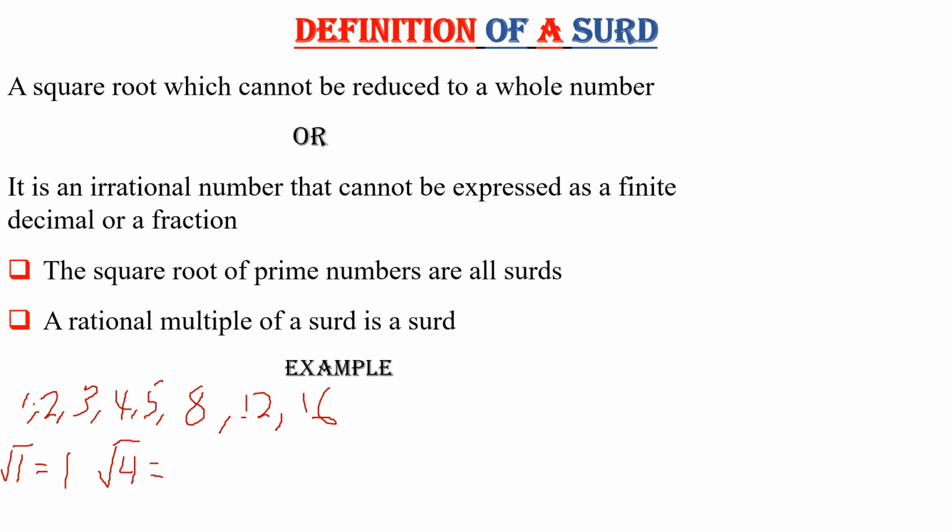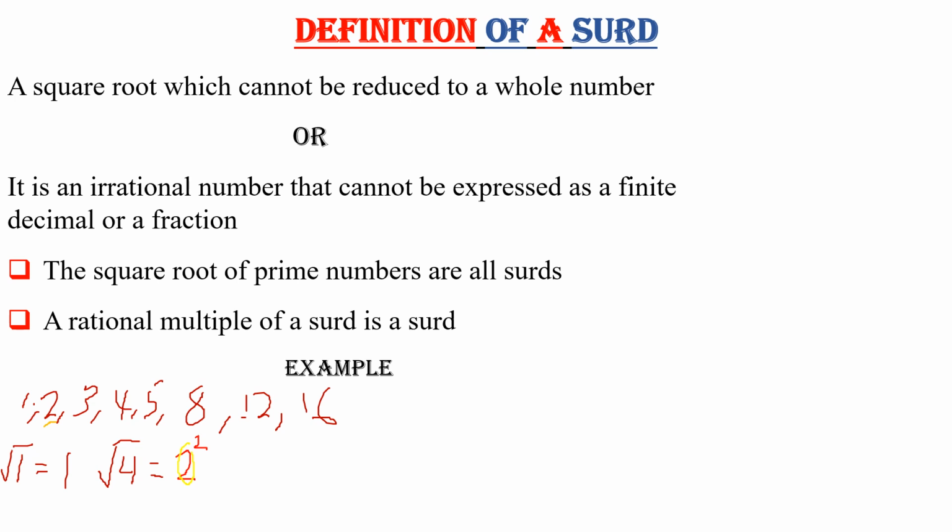And you'll bear with me that that particular number is going to be 2, because 2 raised to the power 2 will be equal to 4. Therefore, the square root of 4 is 2.